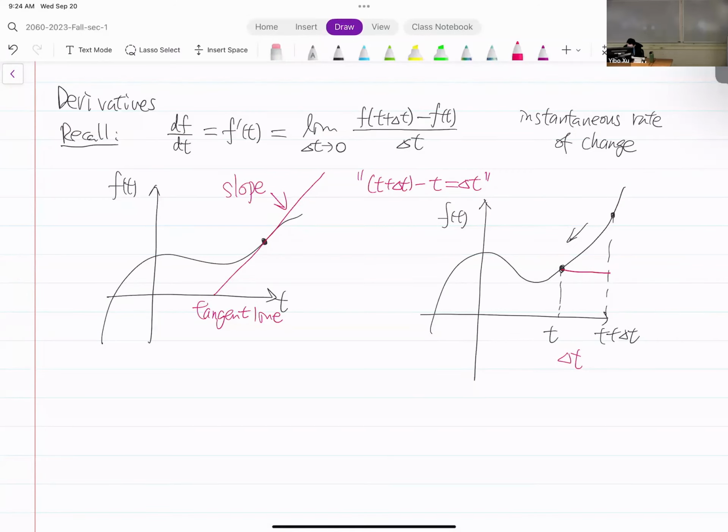So this is the run, delta t, and this is the rise, which is f of t plus delta t minus f of t, right? So for the higher point, the y value or the function value is the latter output minus the previous output, and that gives the rise, right?